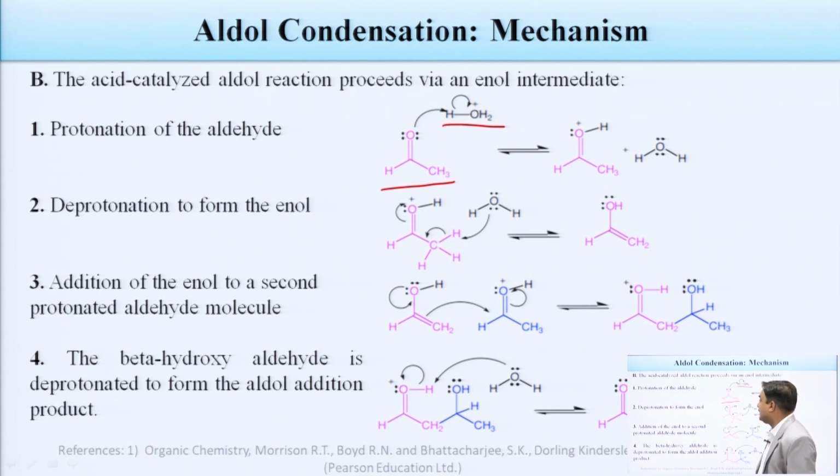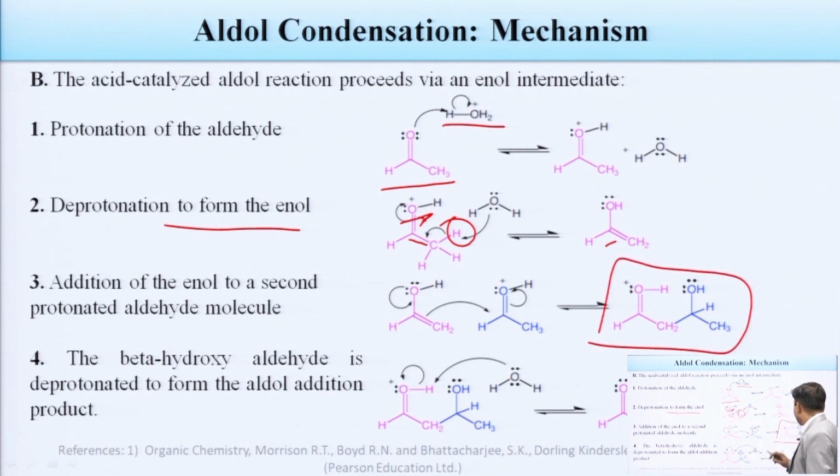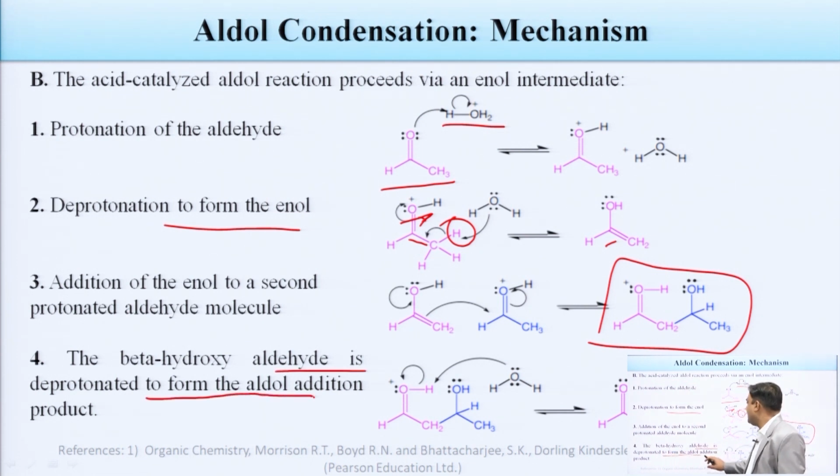So, protonation occurs; in the next step, deprotonation occurs. You can see this hydrogen will be removed, this double bond will be broken, and a new double bond is formed. In the next step, addition of the enol to a second protonated aldehyde or ketone occurs. Here you can see we are getting this. In the last step, the beta hydroxy aldehyde is deprotonated to form the aldol addition product. Here this is the aldol product we are getting.